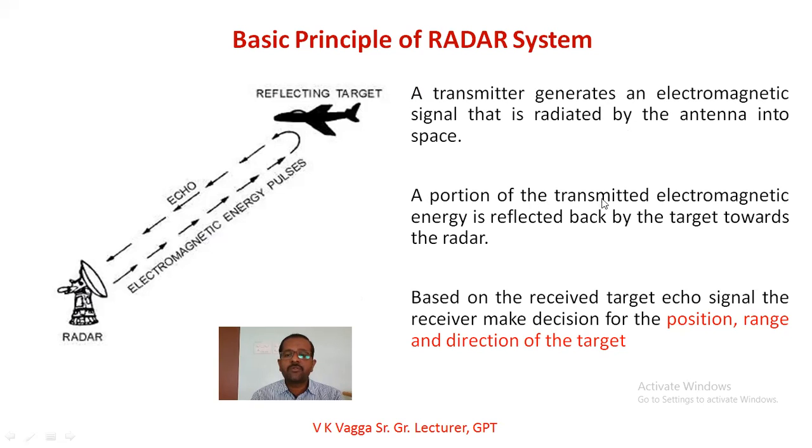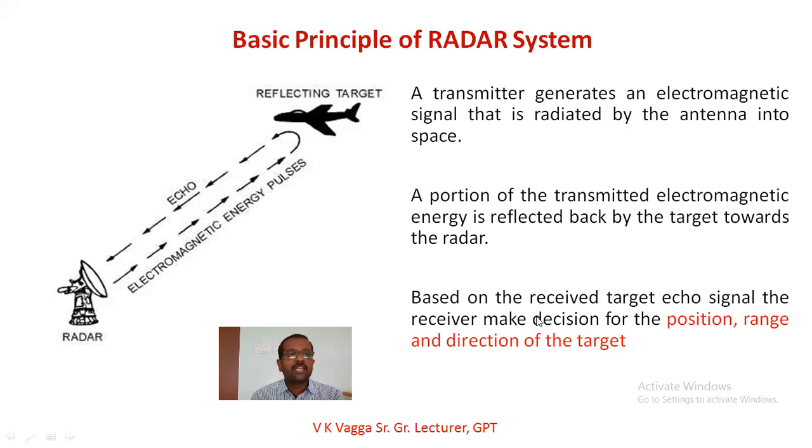A portion of the transmitted electromagnetic energy is reflected back towards the radar. Of the signal radiated into space, only some portion hits the target and comes back again to the radar, and based on the received target echo signal.